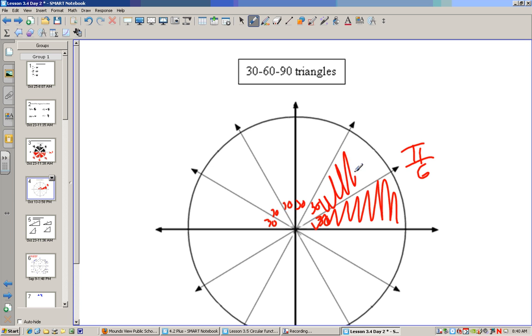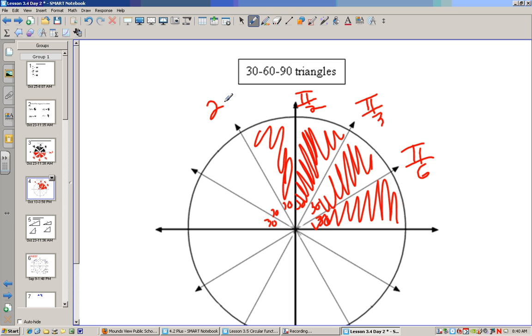This is 2 sections out of 6, which can reduce to pi over 3. 3 sections out of 6 would be pi over 2. 4 sections out of 6 is 2 pi over 3. 5 sections out of 6. And then finally 6 pi out of 6, which is pi.